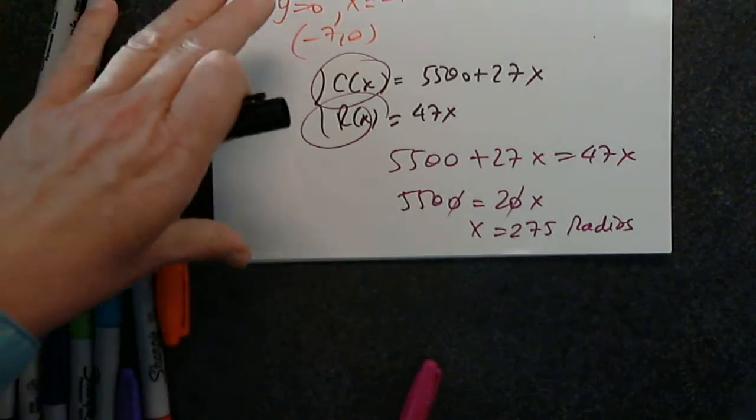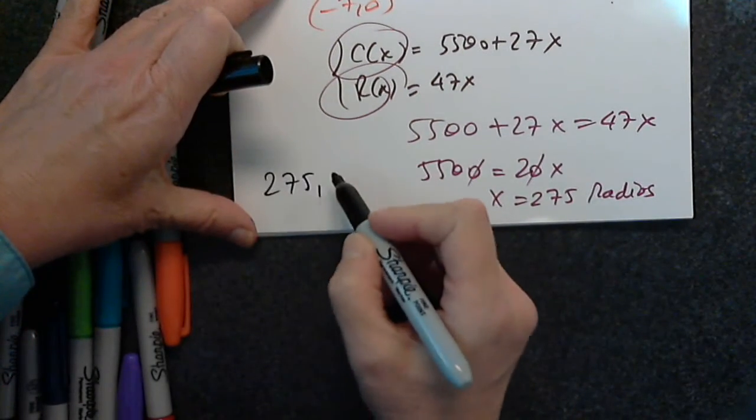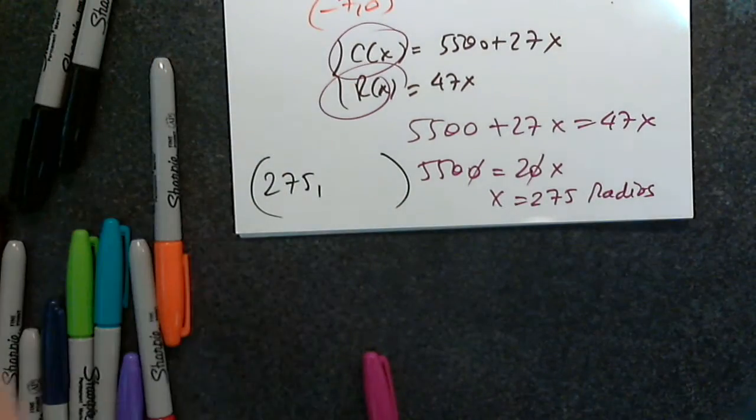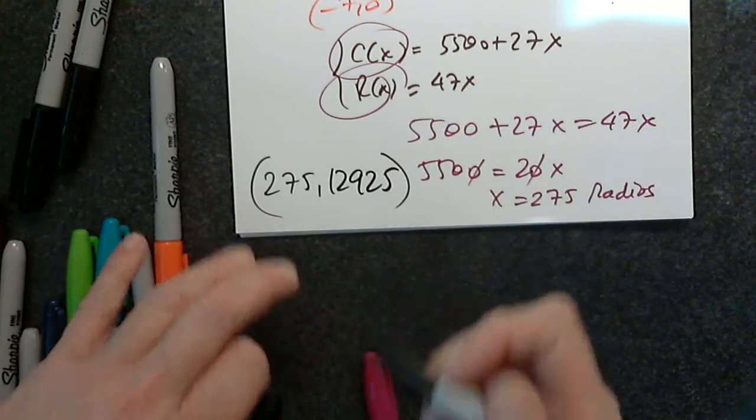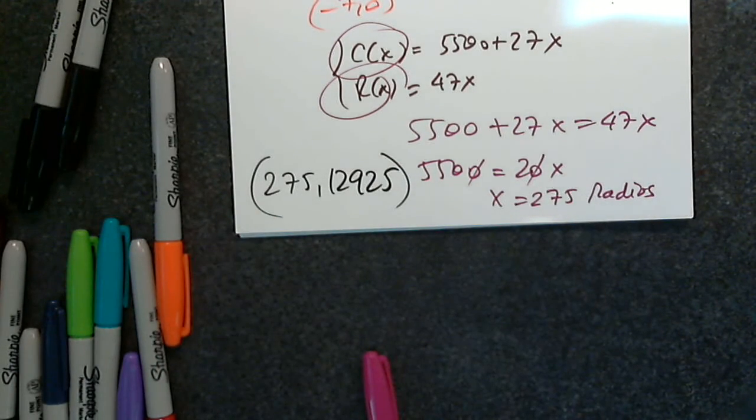So now the point is 275, comma, and I plug it in the revenue, so 47 times 275, I got 12925. So what will you say to the manufacturer of these radios?